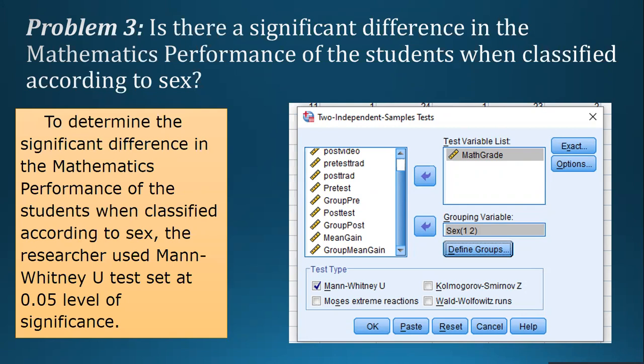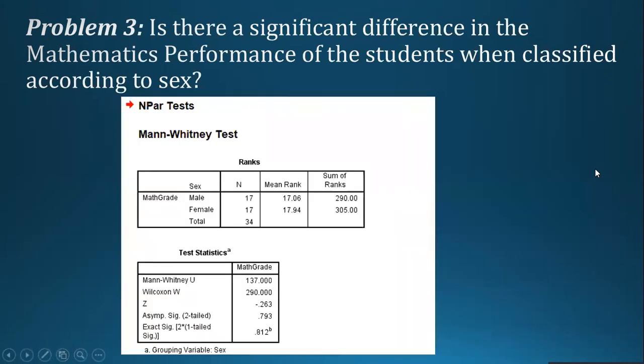For the two independent sample test, we have to click the math grade, and for the grouping variable we have the sex, which is 1 for male and 2 for female. So this is now the result of the given data.